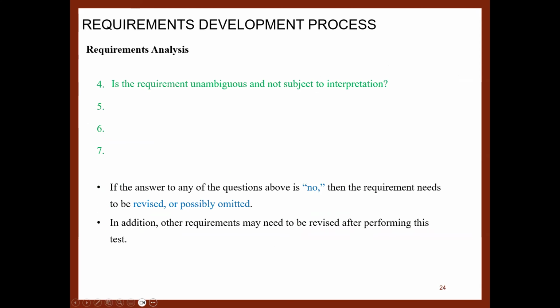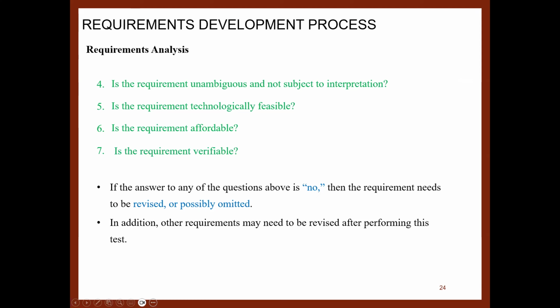Is the requirement unambiguous and not subject to interpretation? Is the requirement technologically feasible? Is the requirement affordable? So now we're getting into cost, performance, and whether there is a way for you to verify that the requirement is accomplished.